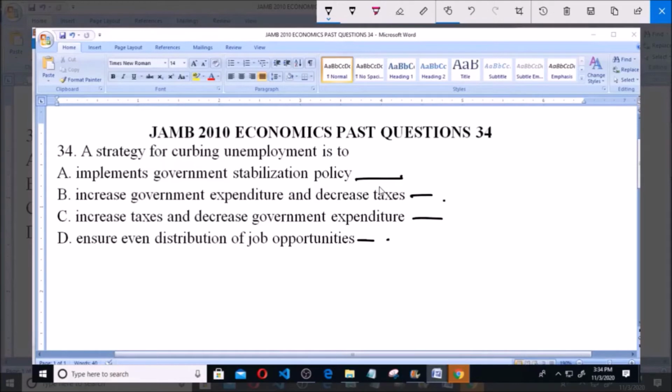Unemployment is defined as a situation in which persons of working age, able and willing to work, are unable to get paid employment.